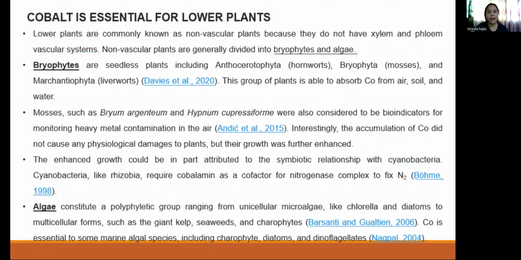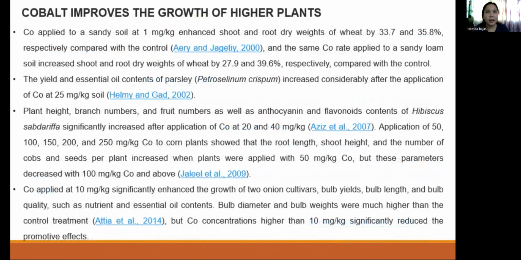Pag sinabi pong lower plants, ito po ay bryophytes and algae. Hindi ko po kabisado masyado kung paano may lower plants at higher plants, pero sabi po dito, pag sinabing higher plants naman, yung mas complex na mga halaman or plants.